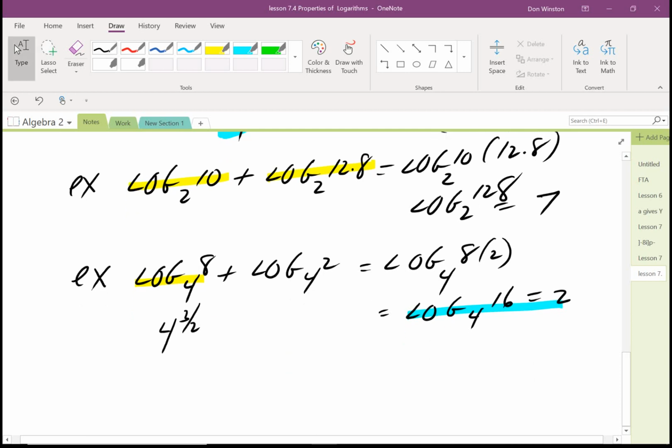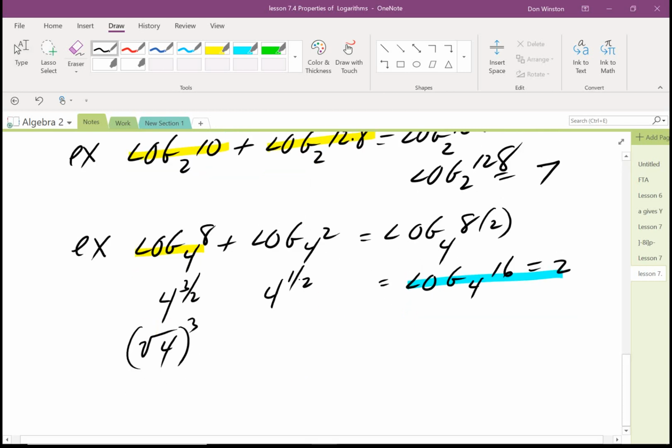I believe, however, we probably even looked at this first trimester, so that would be the same as the square root of 4 raised to 3. Okay, because square root of 4 is 2 and 2 to the third is 8. Yes, we did learn this in first trimester. And then log base 4 of 2, well, that would be 4 raised to the 1/2. Okay, which would give me 2.